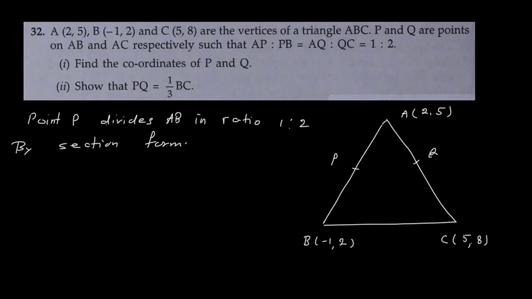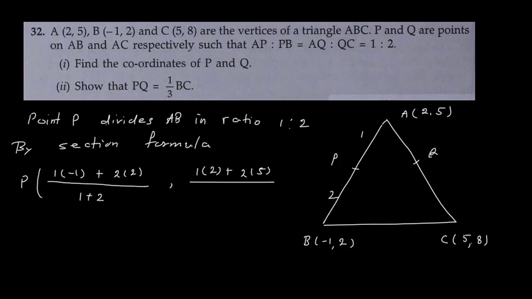So coordinate of point P is, this is 1:2, so 1 multiplied by minus 1 plus 2 multiplied by 2, the whole divided by 1 plus 2, comma, the y coordinate is 1 multiplied by 2 plus 2 multiplied by 5, the whole divided by 1 plus 2.